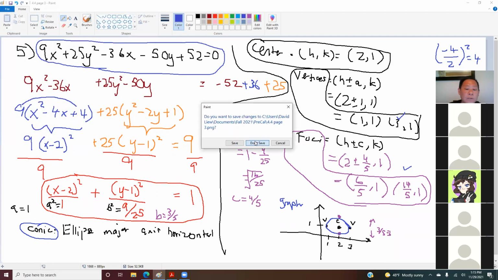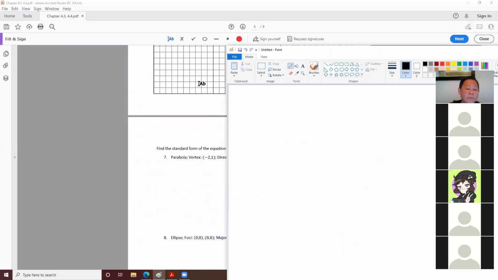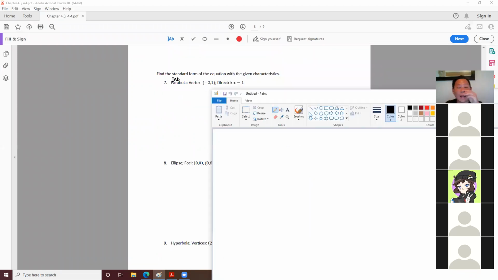So this is question number 7. For 7, 8, 9, they want you to find the standard form of the equation. So you need to give me the equations, and I will tell you it is a parabola, but I didn't tell you whether it is vertical or horizontal, so you have to figure it out yourself.